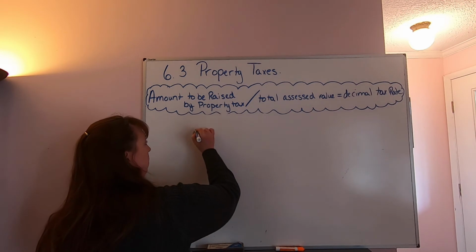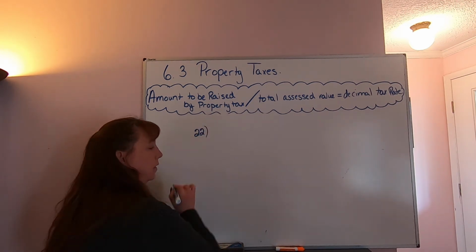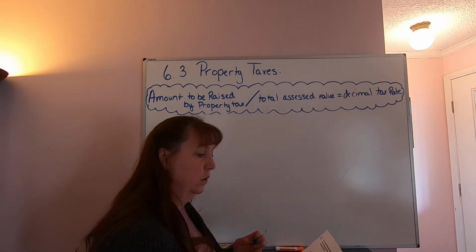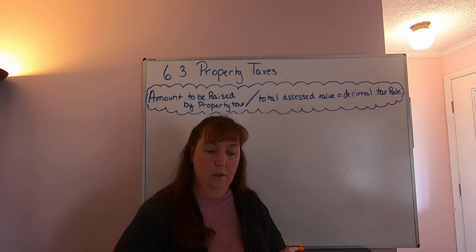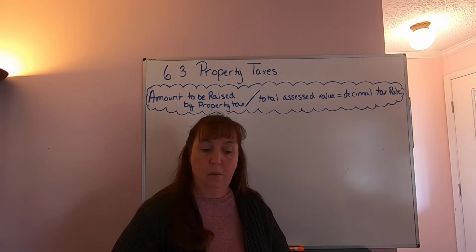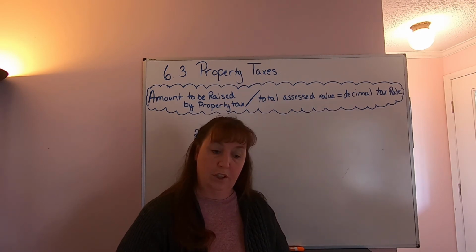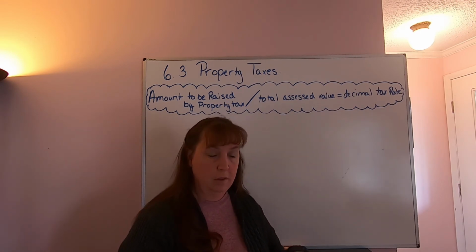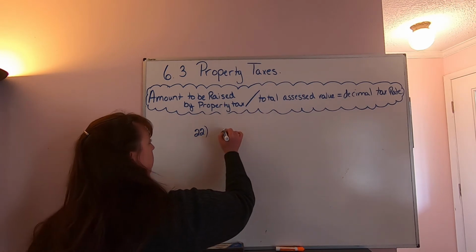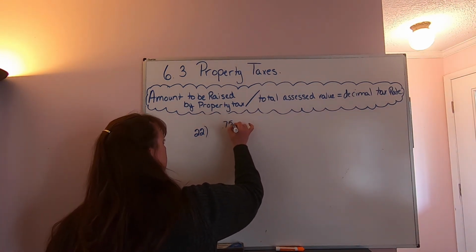Question number 22 reads, voters in Harmon approved a library tax of 0.75 mils per $1 of assessed value. What amount of library tax will a business owner pay for a property assessed at $240,000? So again, we had to change it from mils, so we've got to divide. It's 0.75 mils.